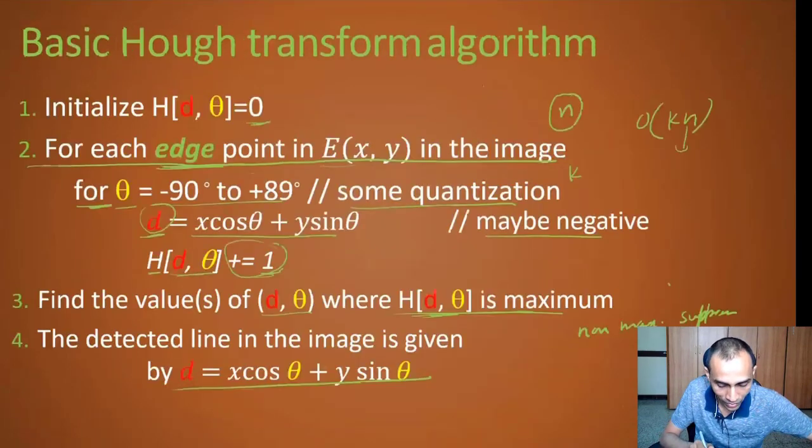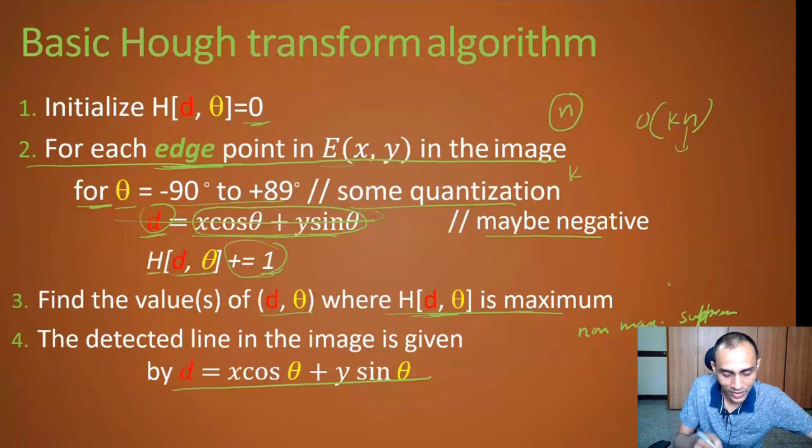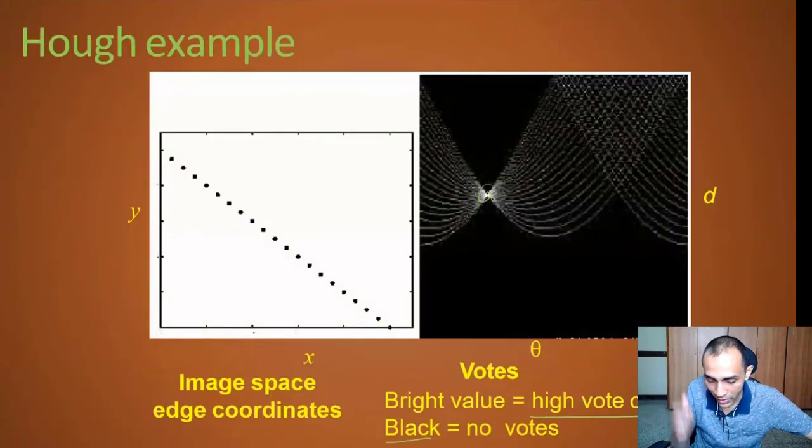The only thing is, while implementing, instead of using ax plus b, you are using x cos theta plus y sin theta, and the computer has to calculate that, so you don't have to worry. If you have to write the code, the code is not going to change much. Probably only this line is going to change. The steps remain the same. So it may look non-intuitive to you, but in terms of visualization it's not so non-intuitive, as I feel.